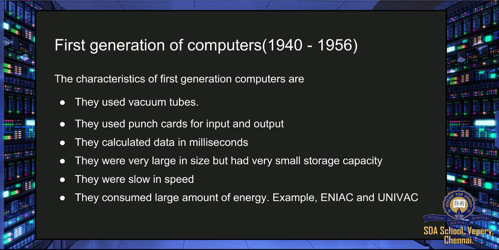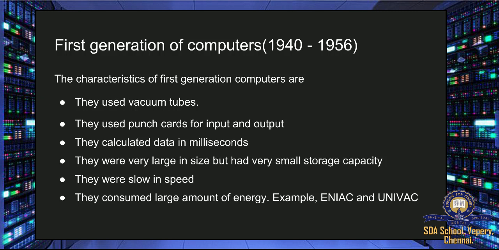They were very large in size but had very small storage capacity. Even though they were as large as a room, their memory, their storage capacity was very small. The memory of the computer nowadays can load a lot of data and information, because the memory of this age computer is very large.